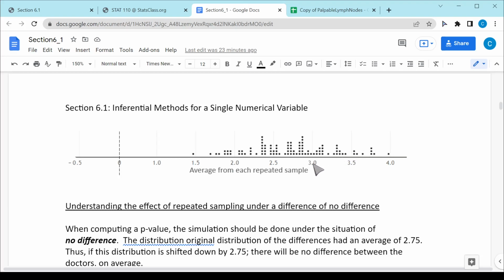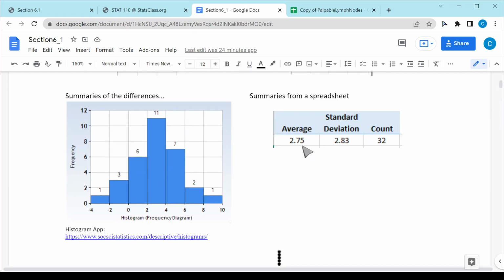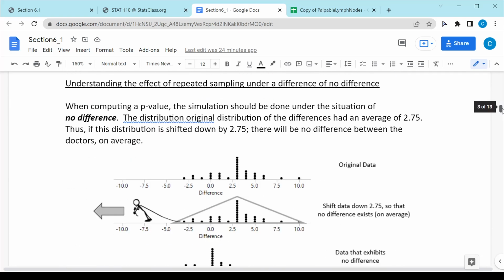Now, when I conduct the test, I do that under the situation of no difference. So what the test is going to do is look at how extreme my average, which is 2.75, is against the situation of no difference. What we have to do with that distribution is just slide it down a little bit.